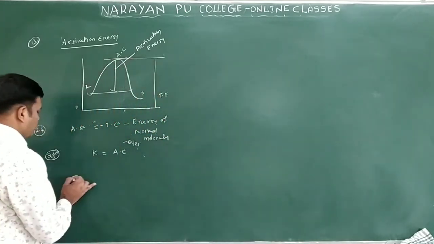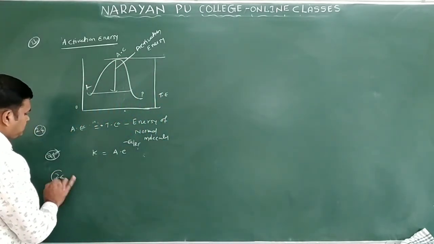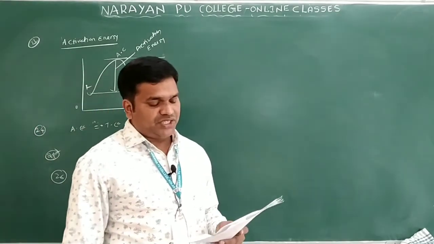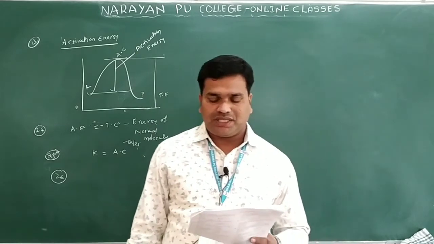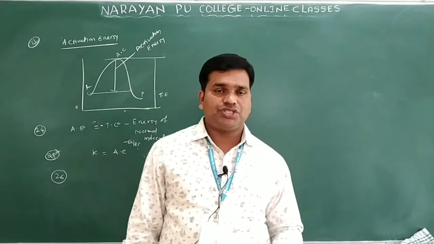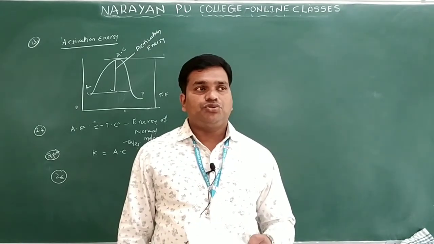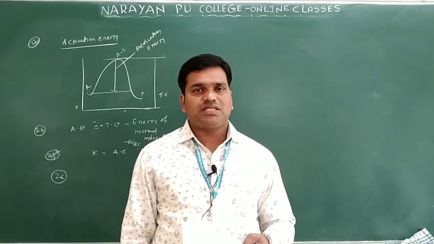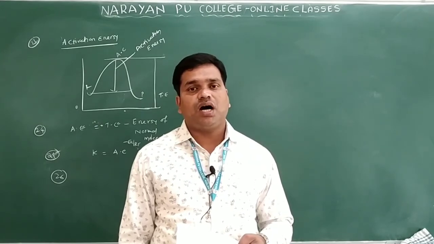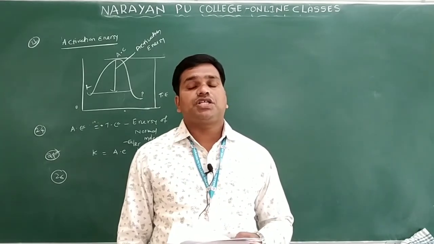Next, question number 26. The rate constant is doubled when the temperature increases from 27 degrees Celsius to 37 degrees Celsius. Find the activation energy of the reaction in kilojoules. This is the formula we use to find the activation energy: log K2 by K1 is equal to Ea by 2.303 R into T2 minus T1 by T1 T2.